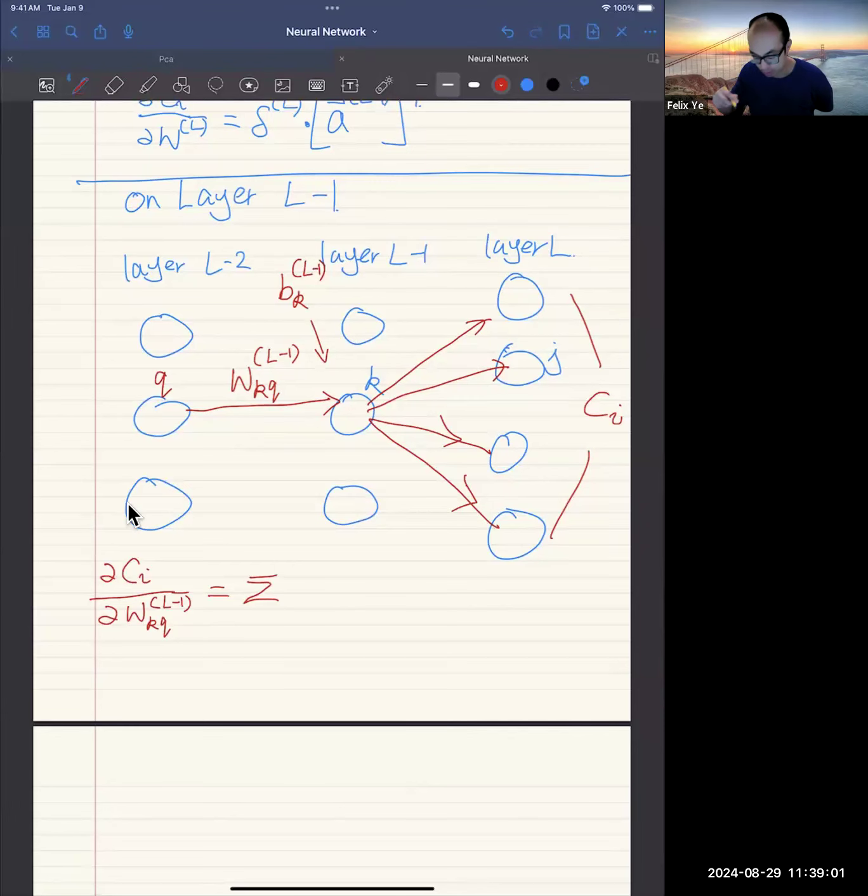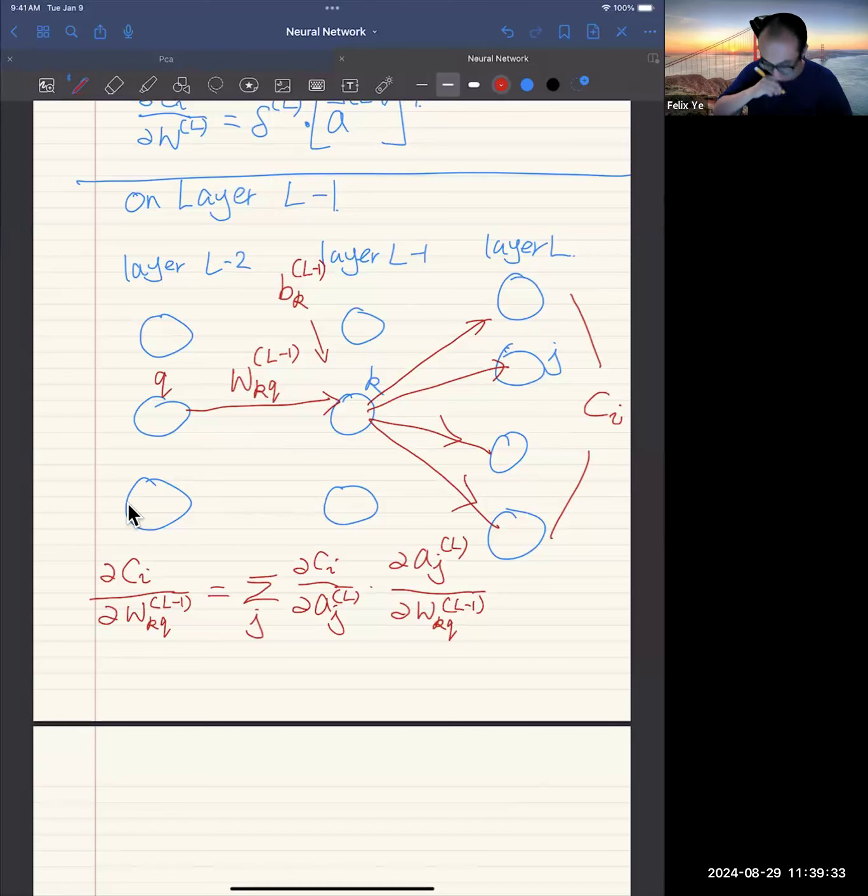So in order to take the partial derivative with respect to W_KQ, we need to take all the contributions from A_J^L. So this is partial C_I, partial A_J^L, and partial A_J^L over partial W_KQ^(L-1), summed over all possible J.